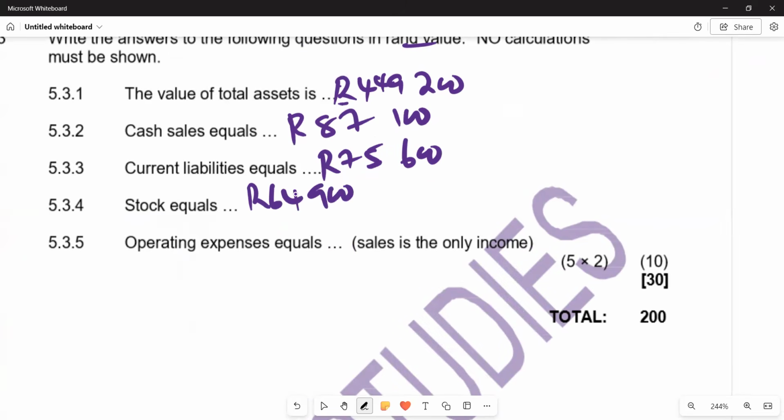The last part, operating expenses equals. Sales is the only income. So we have sales only as the income. So operating expenses, remember, when we say gross profit minus operating expenses, we arrive at net profit. So we're going to find out about these two figures. If we have them there, then we can find our operating expenses. So we go there.